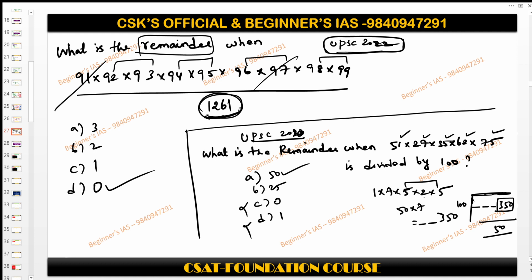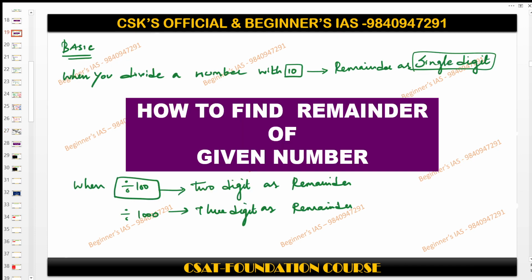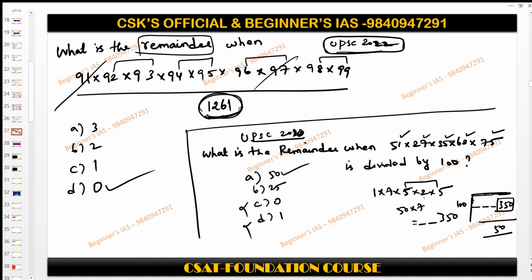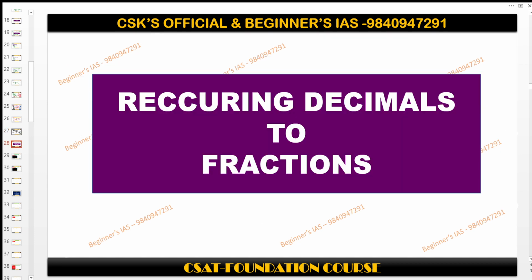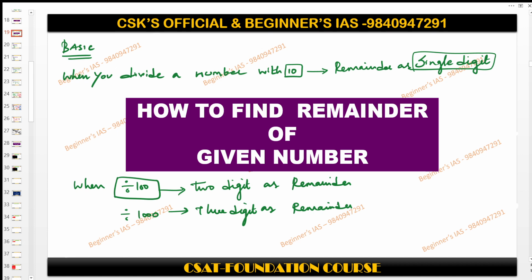Okay. So next concept. So you people understood the remainder, how to find out the remainder. Learned. Tomorrow's class we will do this one. I'm not going to take another new topic, such as recurring decimals, until you are getting some familiarity with the remainder concept.